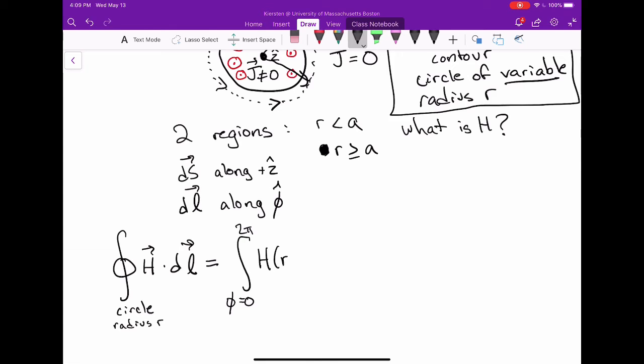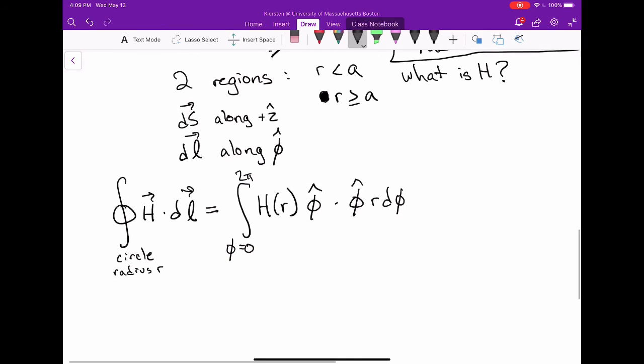H is a function of r. Phi hat dot dl, which is phi hat r d phi. That just gets us 2 pi r H of r, and we still haven't identified H's r dependence yet, so we're going to leave it like that.